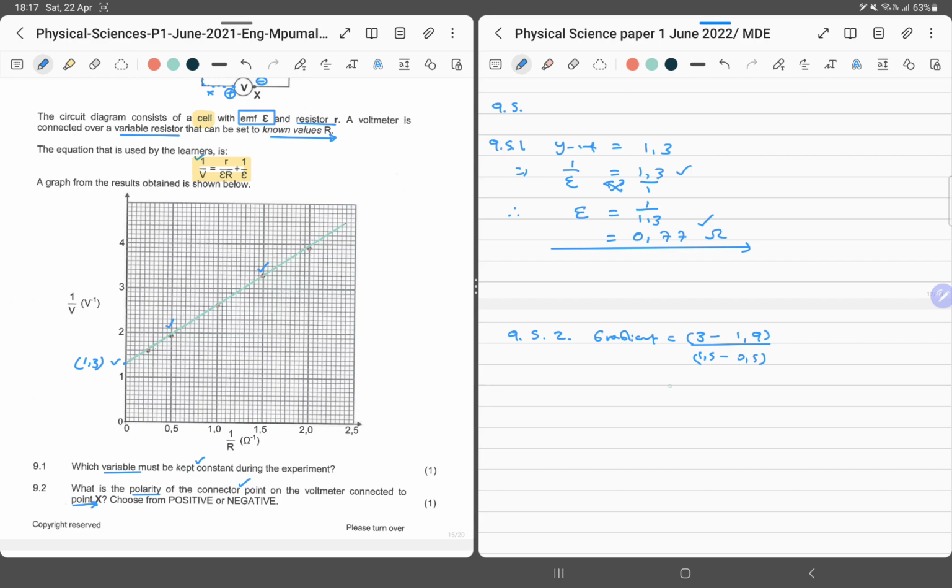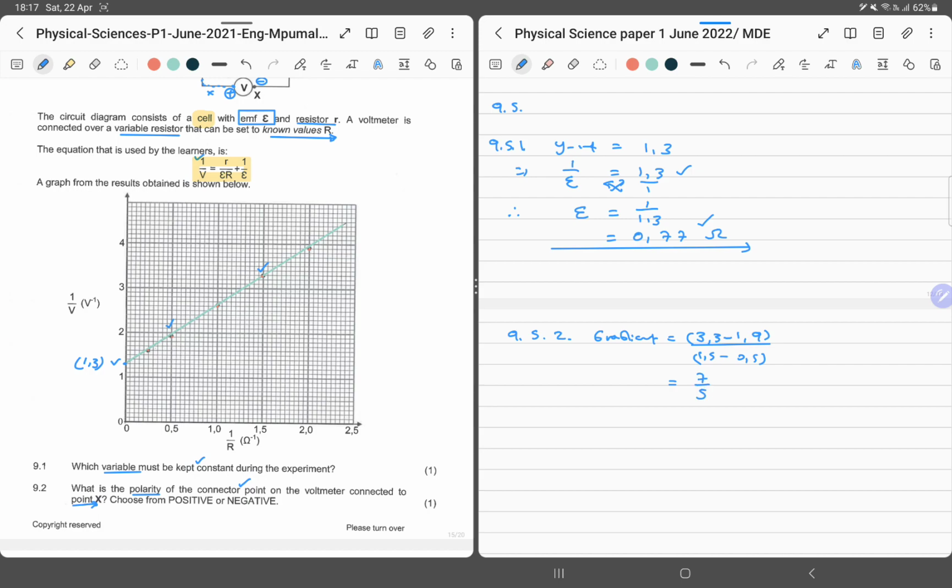You just pick any 2 points. So I think I'm making a mistake here. We counted 3.3 here, right? Yeah, 3.3. So we've got here 3.3 minus 1.9, then divide by 1.5 minus 0.5. So this gives us 7 over 5.